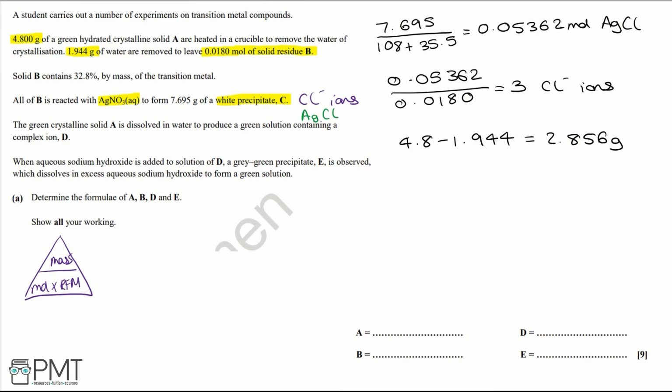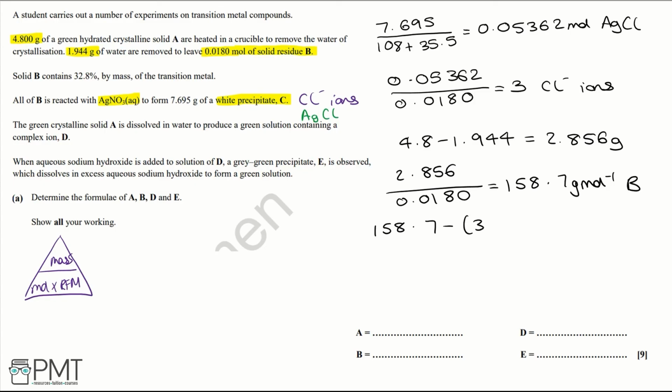So next, using the equation triangle, we're going to do 2.856 divided by 0.0180, because that's the moles of B, and that gives us the relative formula mass of B of 158.7 grams per mole. And we know we've got 3 chlorines, so we do 158.7 minus 3 times 35.5.